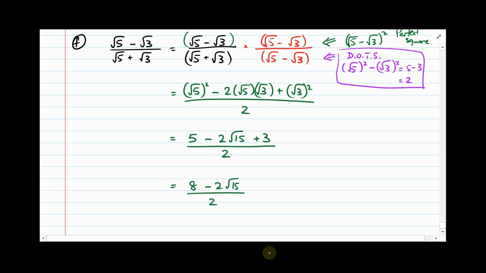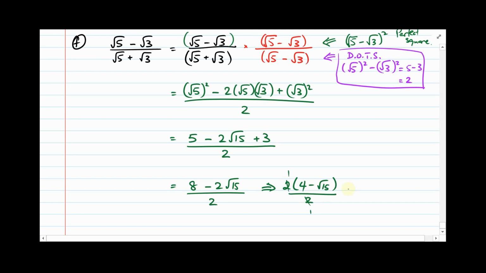Okay, you're not done. Look at the numerator. You recognize that they're all even numbers. I could factor out one copy of 2, and we would factor the numerator.